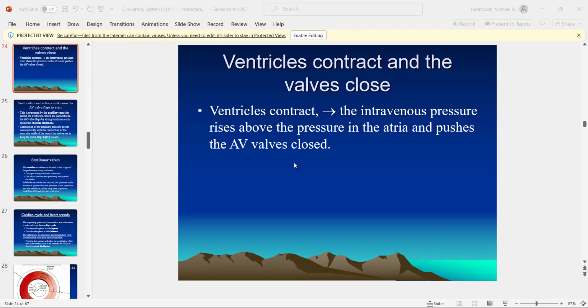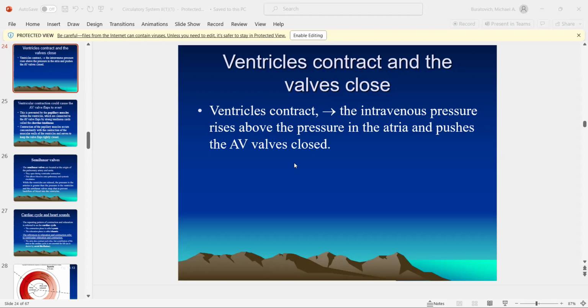The AV and semilunar valves are closed, and this phase will last until the pressure in the ventricles is less than the pressure in the atria. And so now this relaxation, this diastasis ensues. And then eventually the pressure in the ventricles will be less than the pressure in the atria.